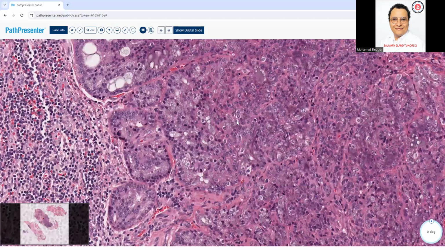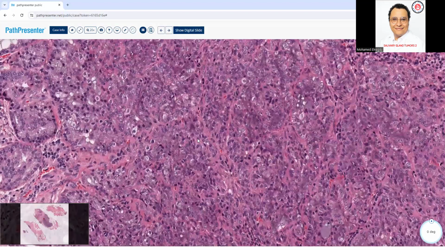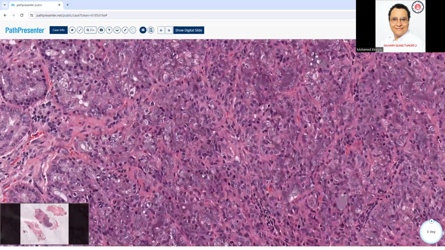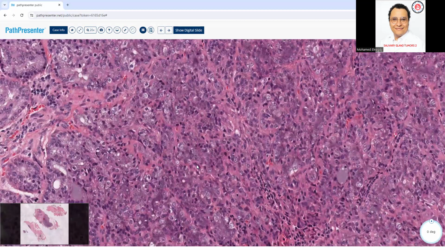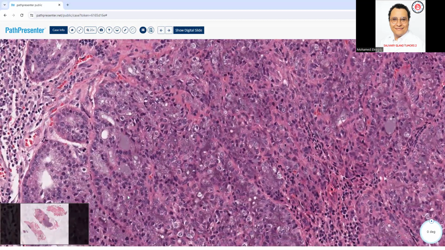They look like they have a granular cytoplasm. Granular cytoplasm, yes. What kind of granules do you think? Zymogen granules. Yeah, I agree. I think that's acinic cell.